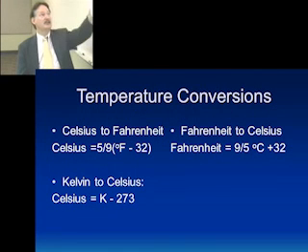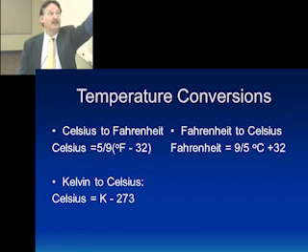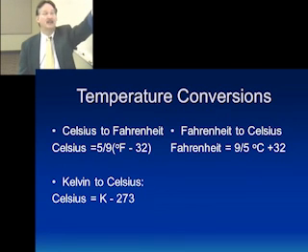So notice in the Celsius, if you want to know the temperature in Celsius and you know it in Fahrenheit, you subtract 32 from it and then multiply by that 5/9. Now we know where that 5/9 comes from because that's the ratio of 100 over 180.